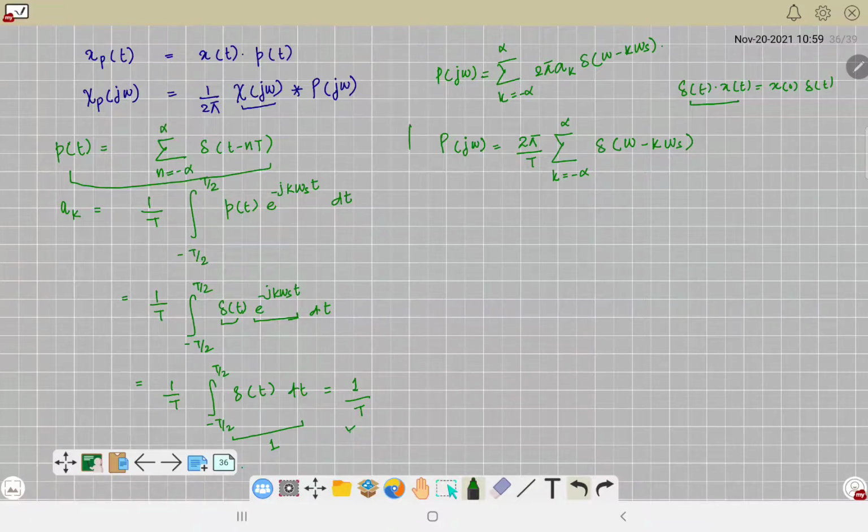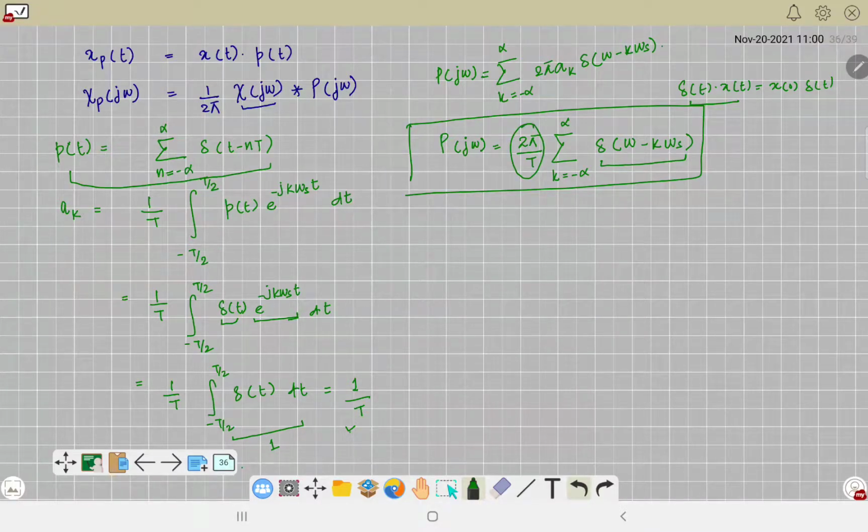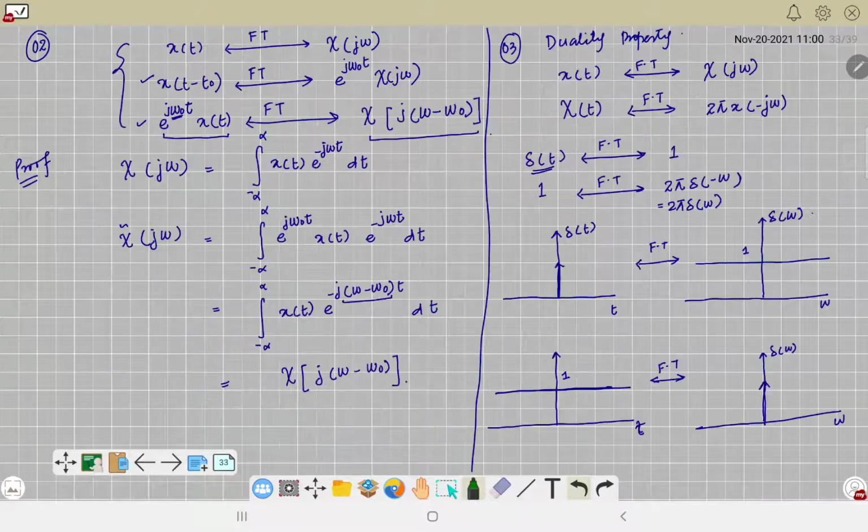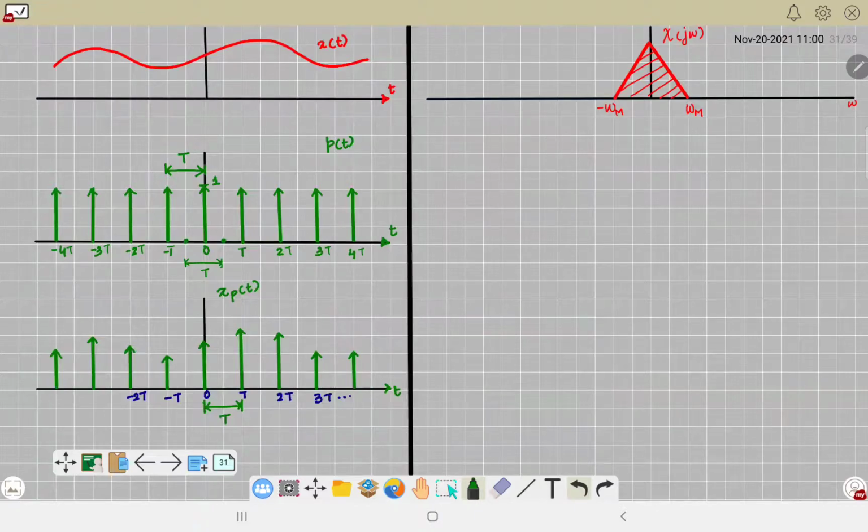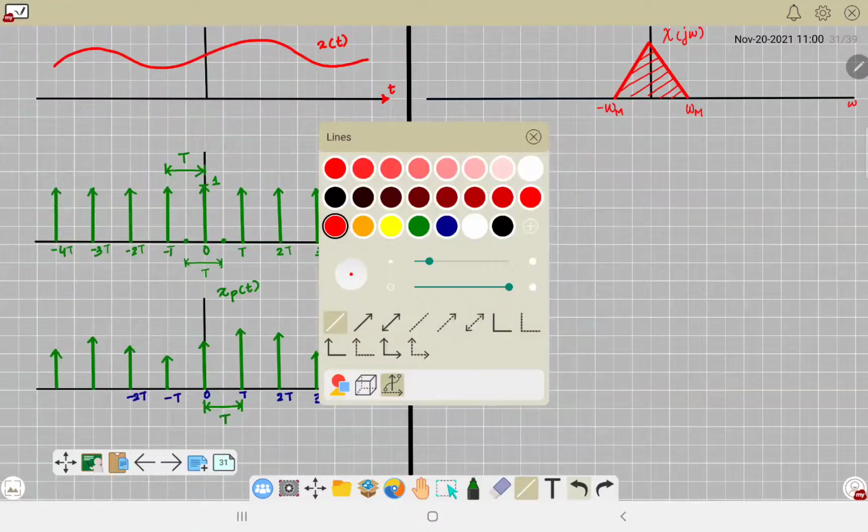Which means in the frequency domain, the impulse train will again be impulses delta of omega minus k omega s, separated by omega s and amplitude modulated by 2 pi by t.